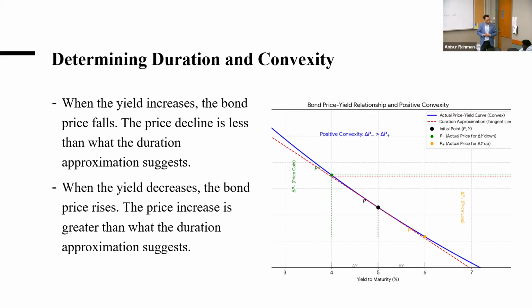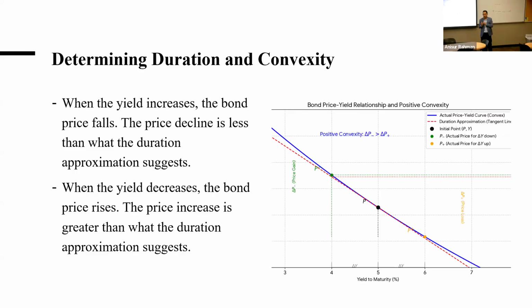So your actual price is actually here, but duration is saying your price will be here, down. Am I losing you? The original price is actually above. Exactly. So that means the duration measure is saying price will be lower than actually it will be. So loss is overestimated. Isn't that right?